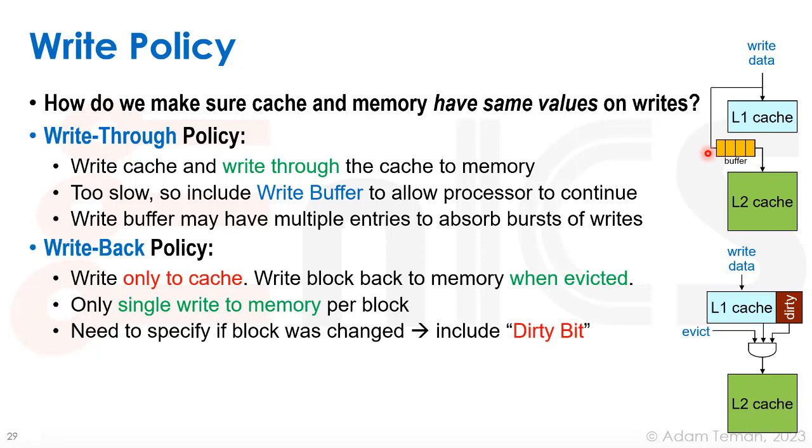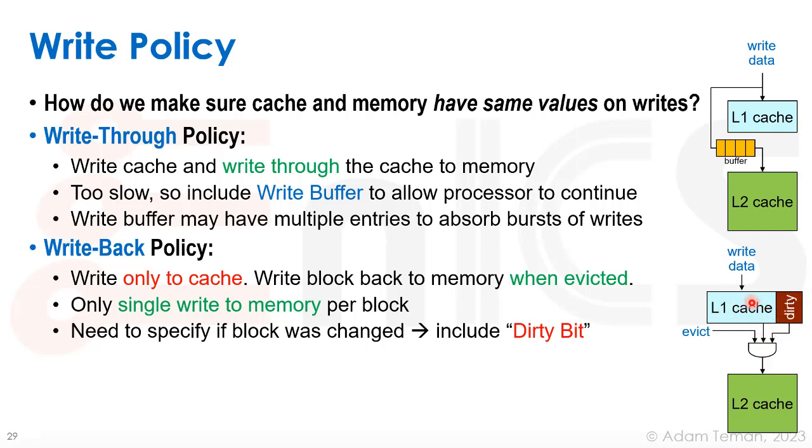A write back policy writes only to the cache. And this is a commonly implemented thing that we would do. We would write data into the cache, and then we would gain our best performance. And we only actually write back when we need to evict something. So when we need to evict it, we add something called a dirty bit that says, since this was read from the outer level cache, we wrote to this line there.